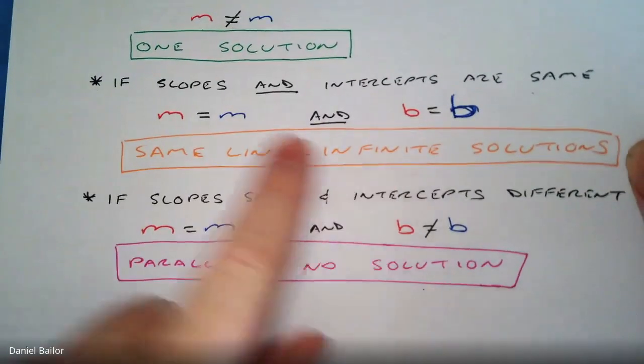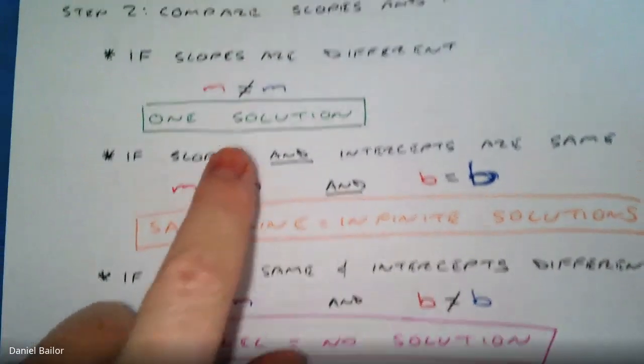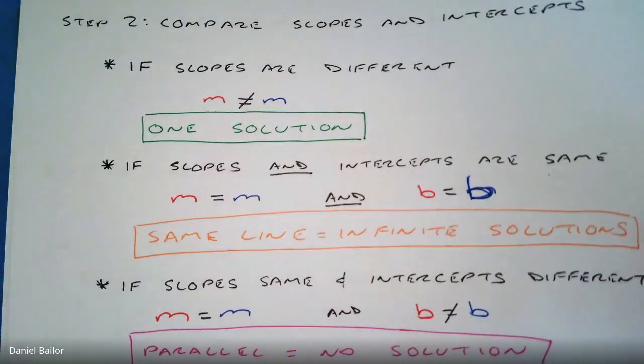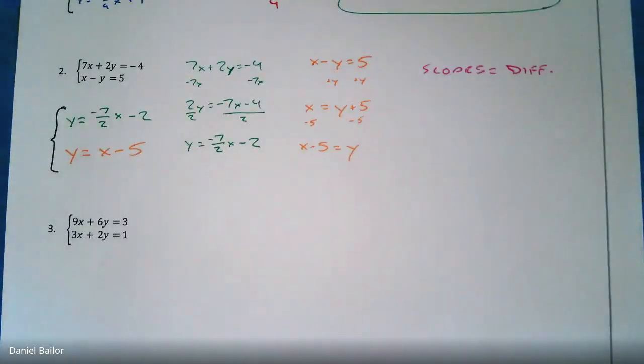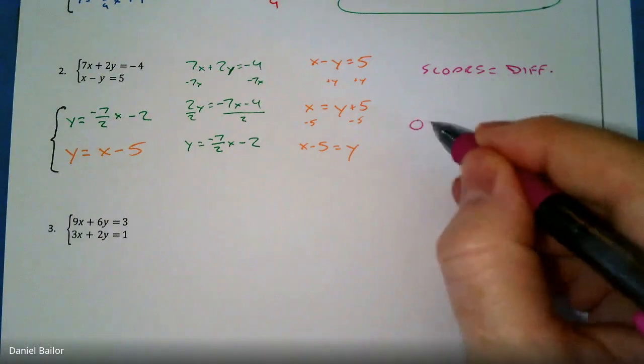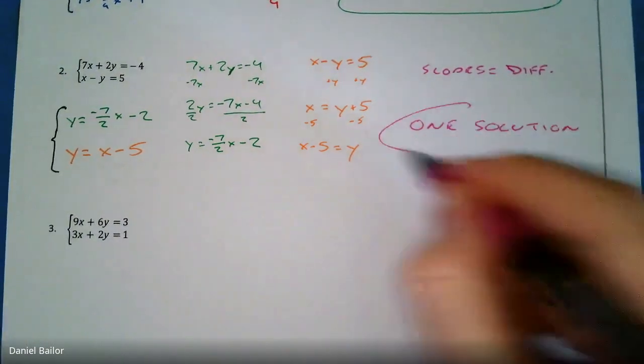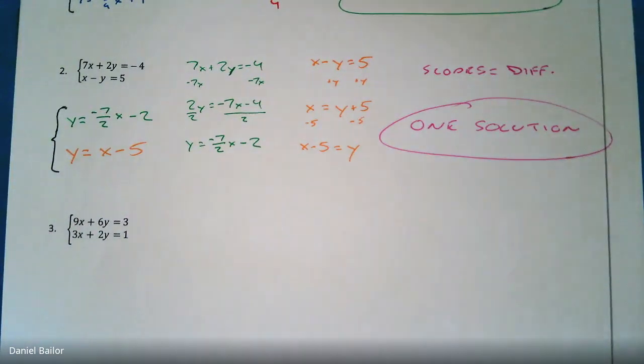For infinite solutions, the slopes have to be the same. But one solution happens when the slopes are different. So different slopes means one solution.